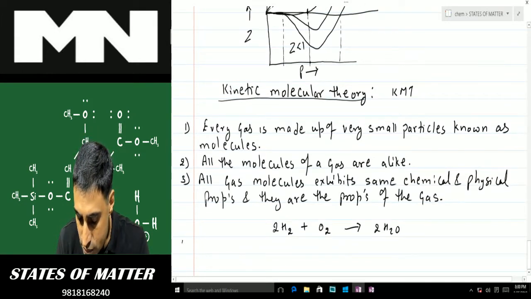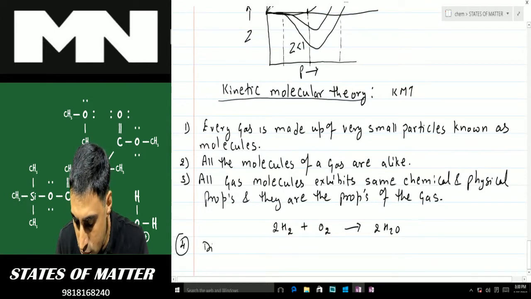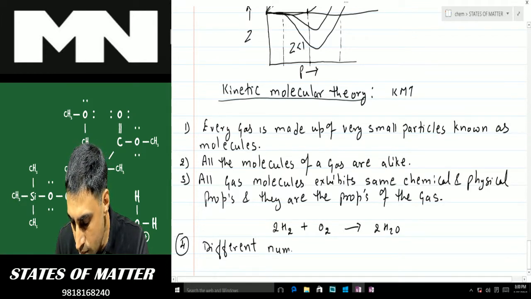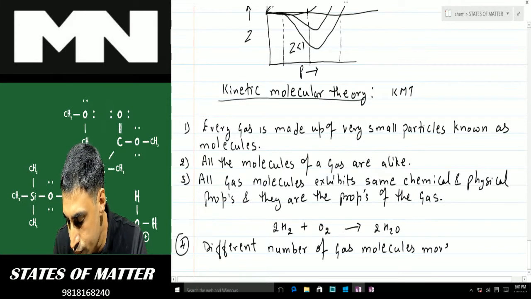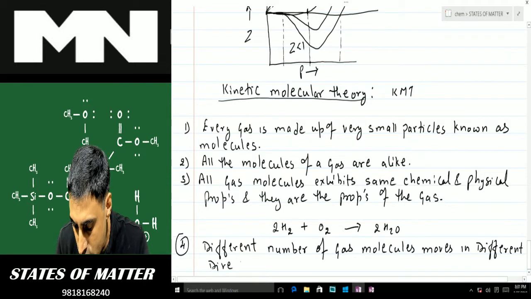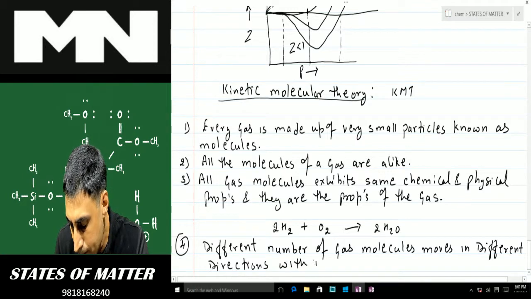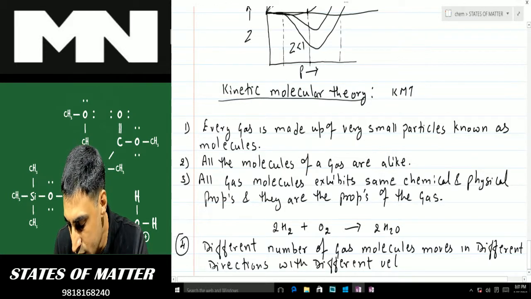Likewise, fourth, different numbers of gas molecules move in different directions with different velocities.